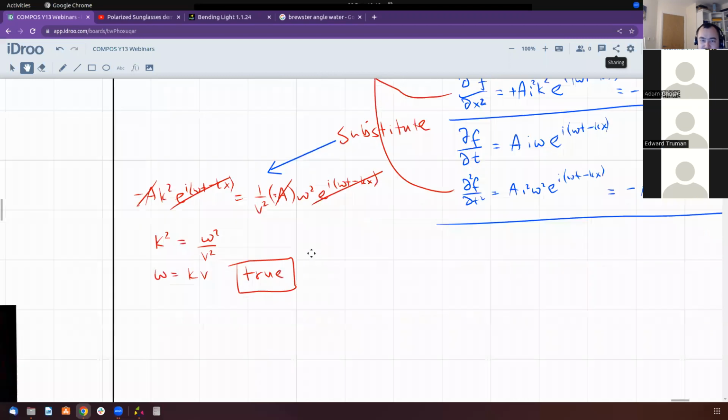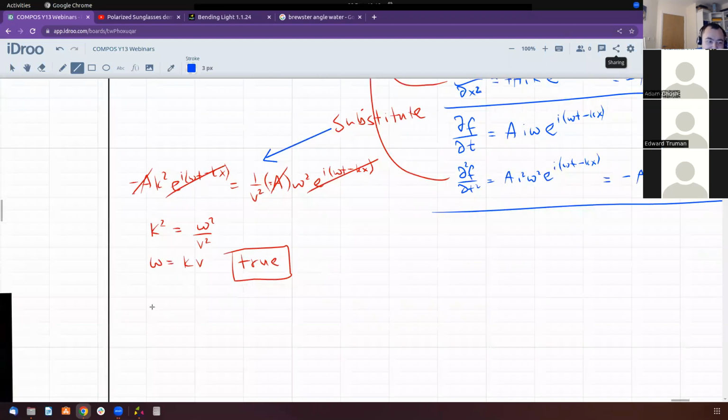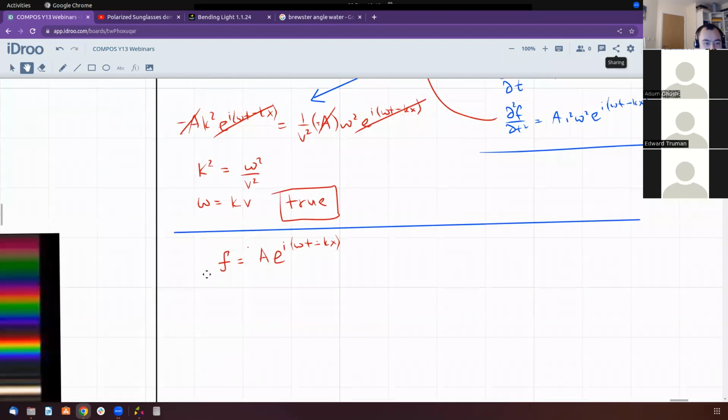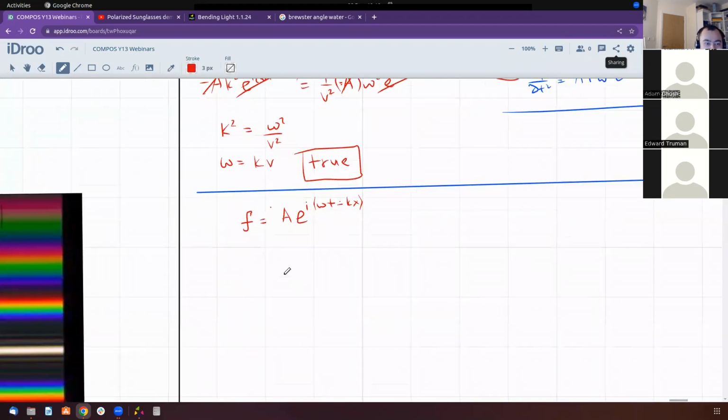As a matter of fact, if you look at this wave equation closely, you will see something. Let's write this down. F is equal to A e^(i(omega t minus kx)). So this is a wave propagating to the right.